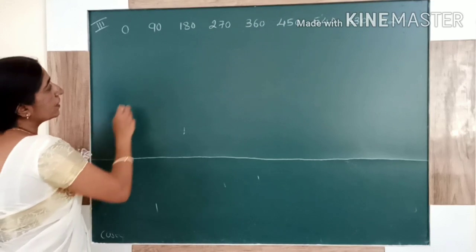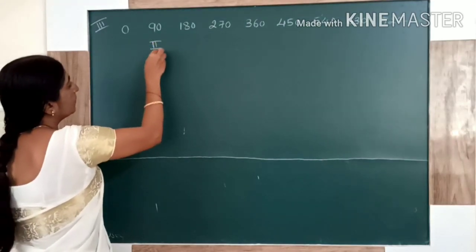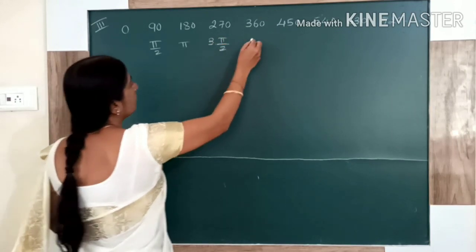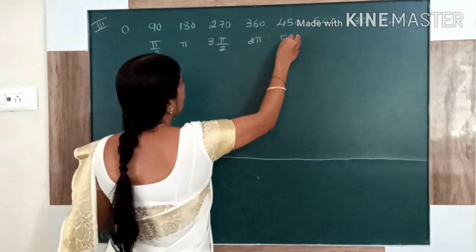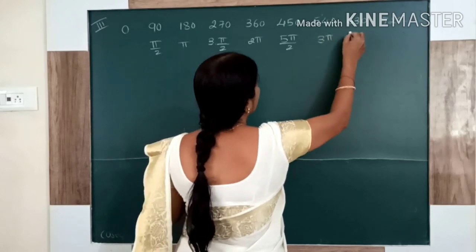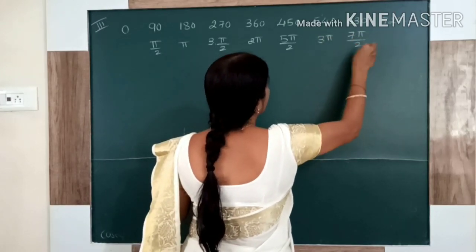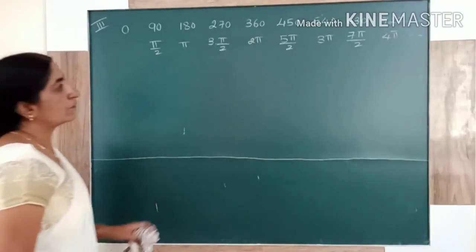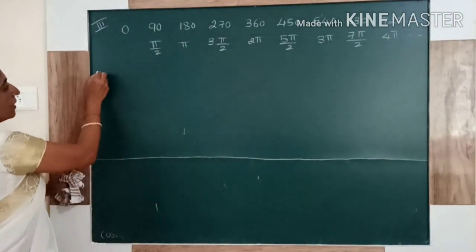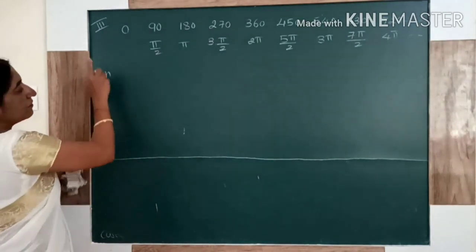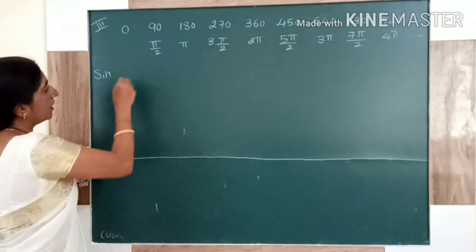After that, convert in the form of radian. After that, I am writing sine. See, it is very interesting. Sine 0 is 0. You are familiar. Start with 0.